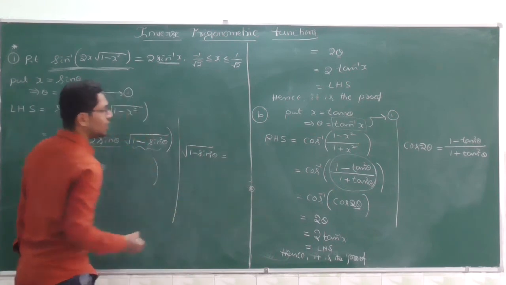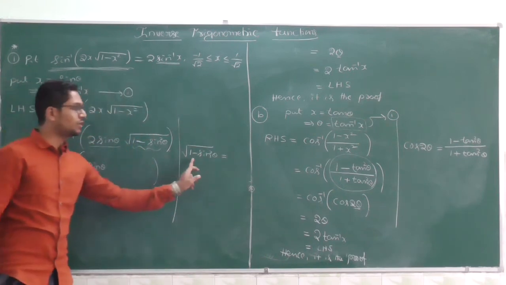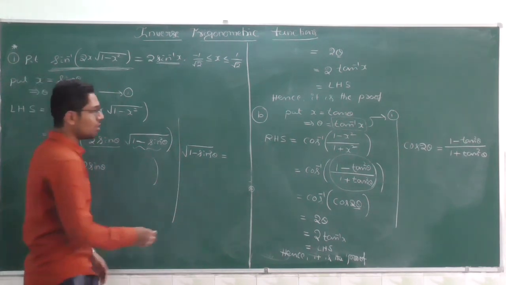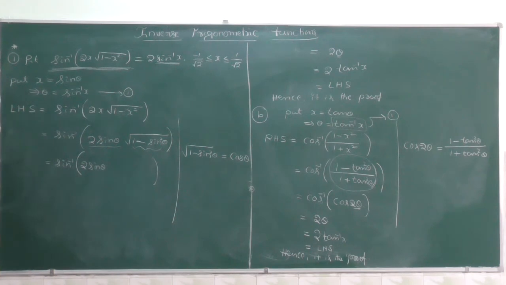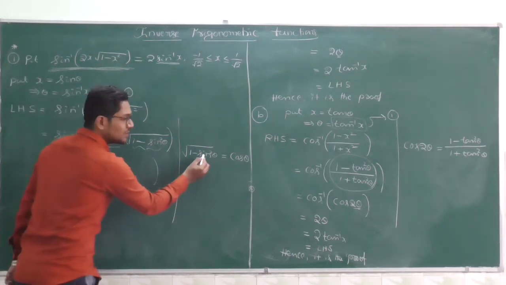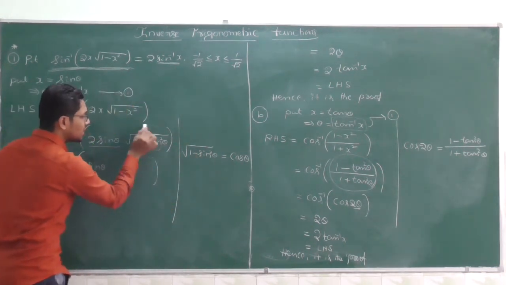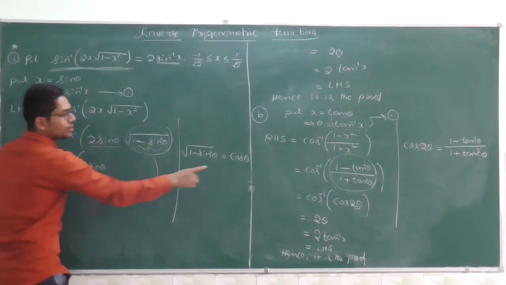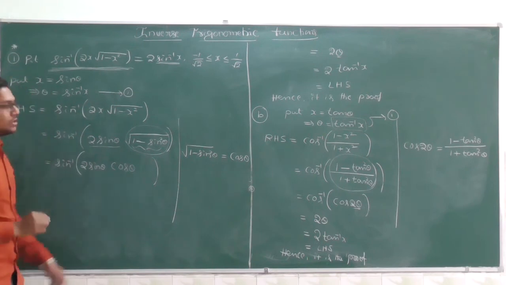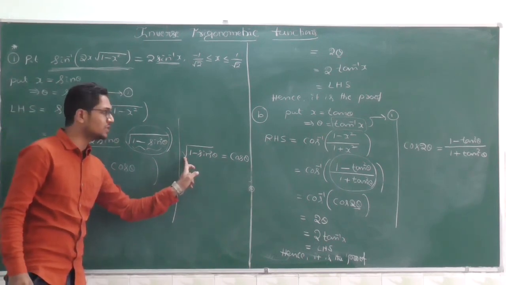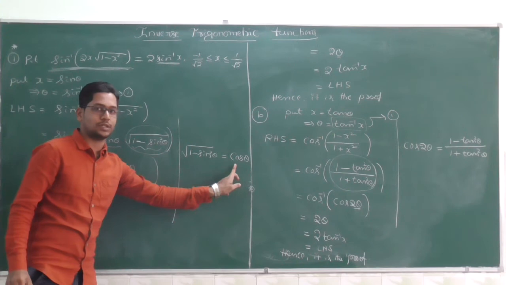In trigonometry, we have the formula that square root of 1 minus sine square theta is cos theta.